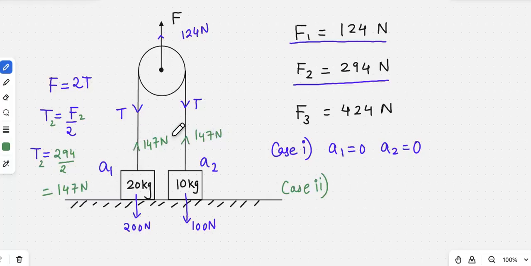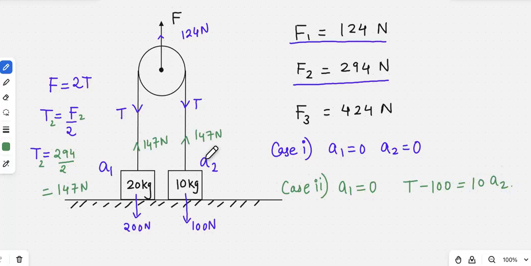Now obviously 147 is less than 200 Newton, so the 20 kg block will not move upwards, but the 10 kg block can move upwards because 147 is greater than 100 Newton. So the acceleration of the first block, A1, is 0. What will be the acceleration of the second block? From the free body diagram, T minus 100 is equal to 10 times A2.